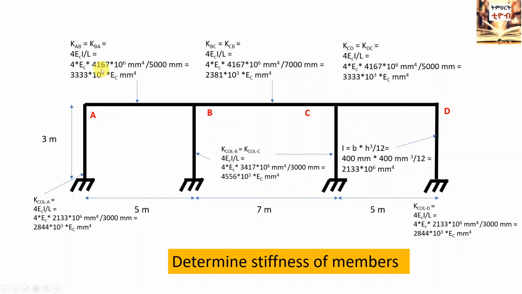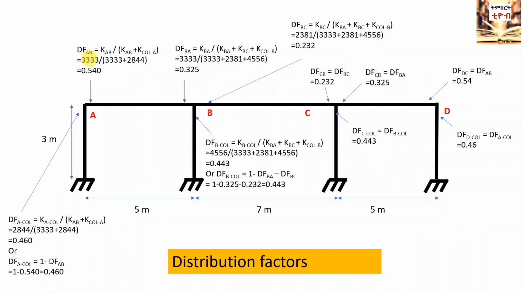For beams and columns with fixed ends, the stiffness of beam and column members can be calculated by the formula 4 times Young's modulus times moment of inertia divided by length. Now we need to determine the distribution factor at each joint. The distribution factor is a relative measure of the stiffness of a member at a joint relative to all other members at a joint.